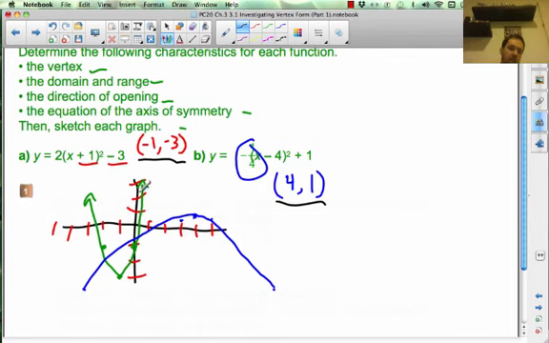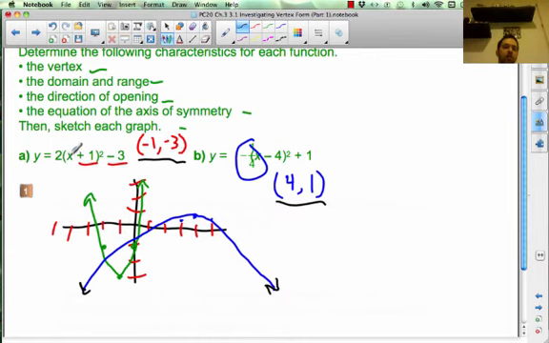Now, the thing about each of these is that these graphs will go on infinitely to the left and right. No matter how far you go, this will keep going left and keep rising forever, and it'll keep going right and keep rising forever. And this one will keep going left and falling forever. This one will keep going right and falling forever.